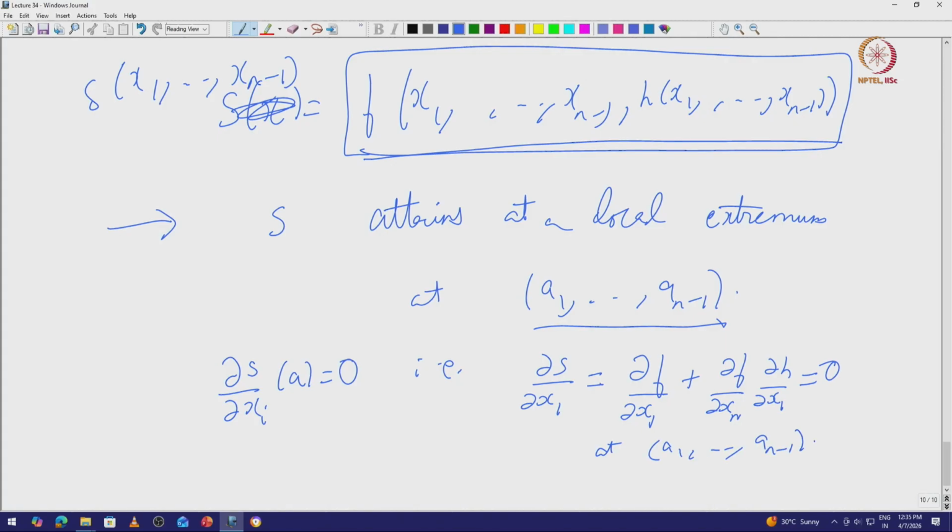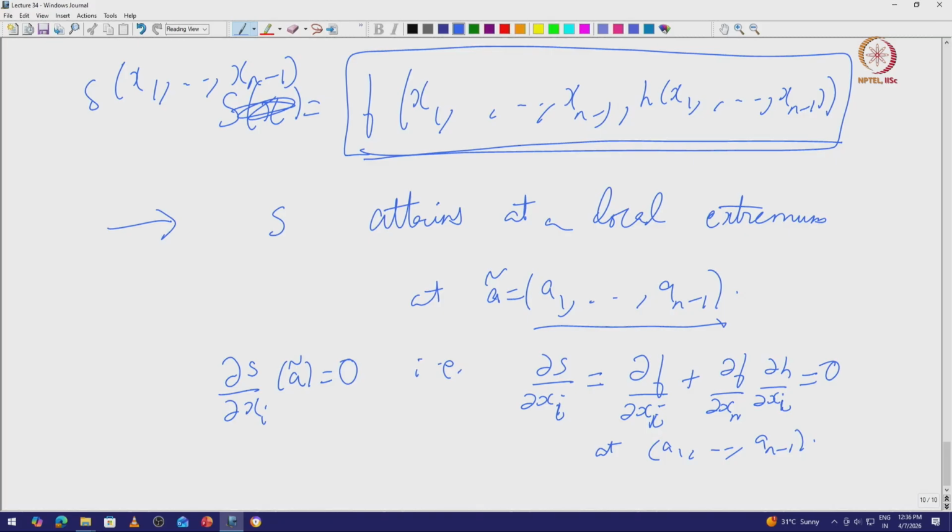Likewise, this is true for any i; x1 was not special here. Because it's a local extremum, the partial derivatives of s at this point a1 to an minus 1, let us call this a tilde, are 0. And how does one compute the partial derivatives? One uses the chain rule.